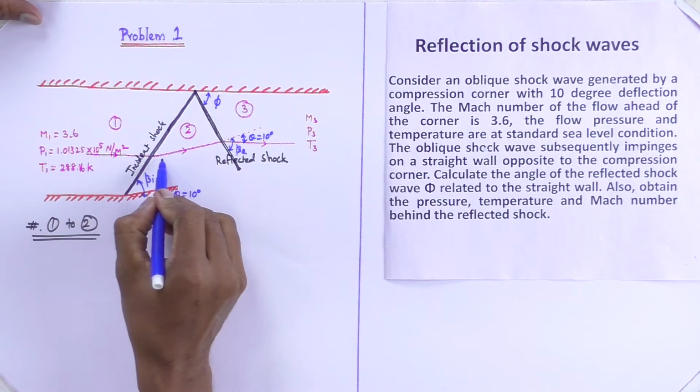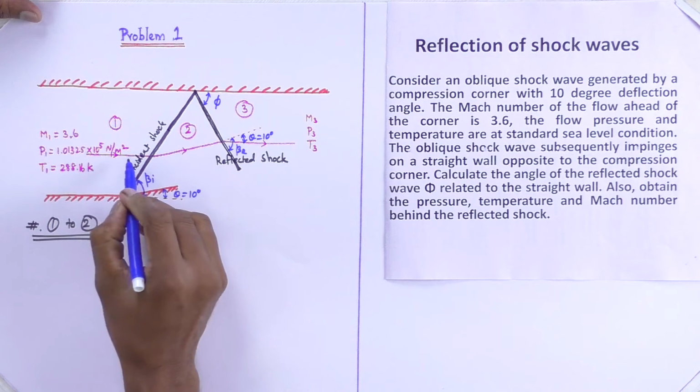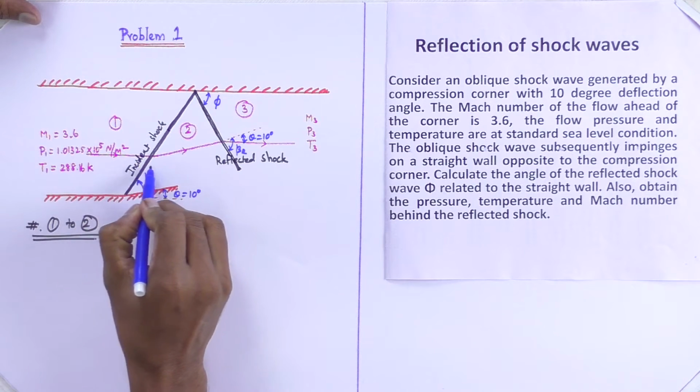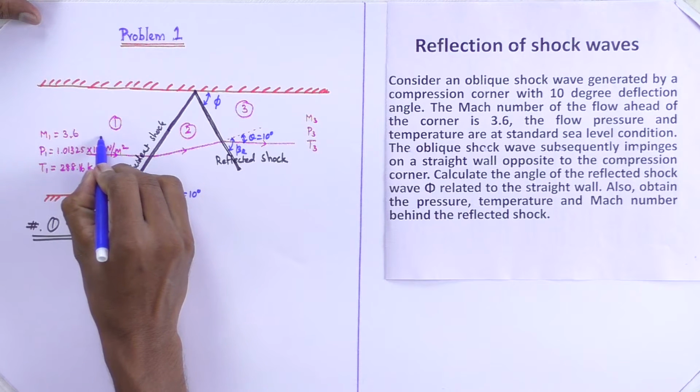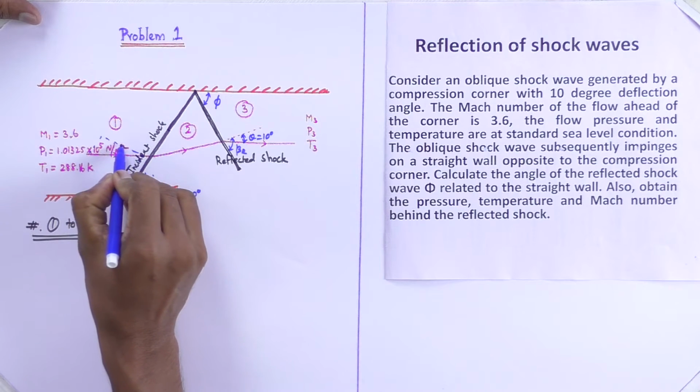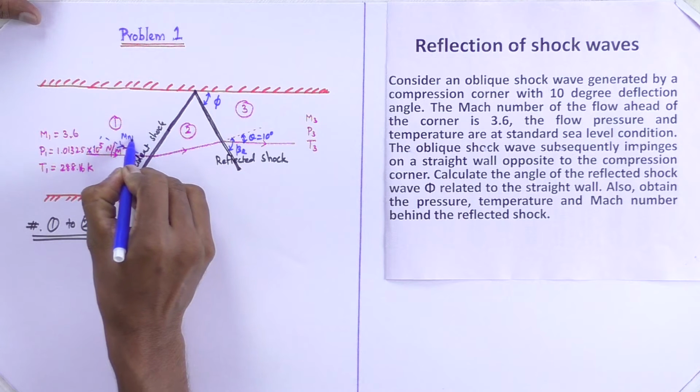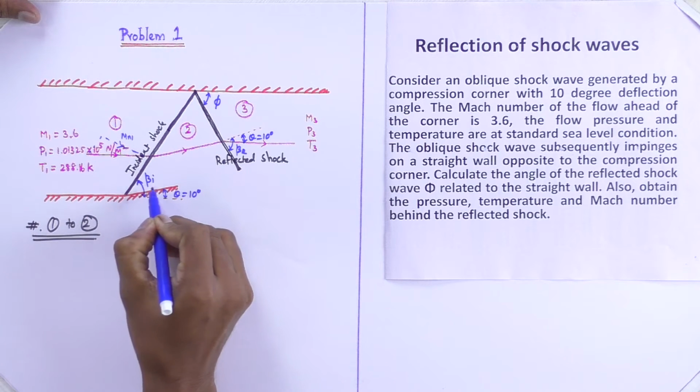This is as usual our oblique shock wave problem. First we need to calculate the normal component Mn1, and for that we need the beta I value.